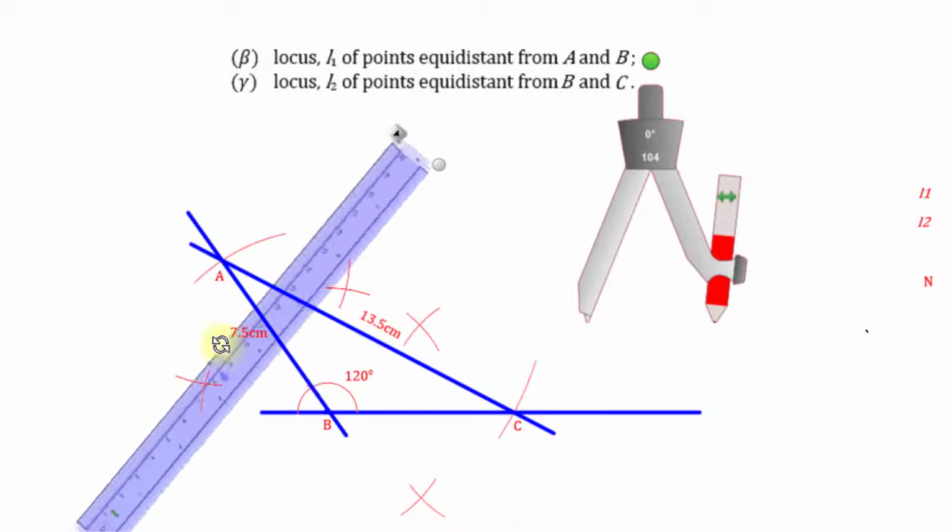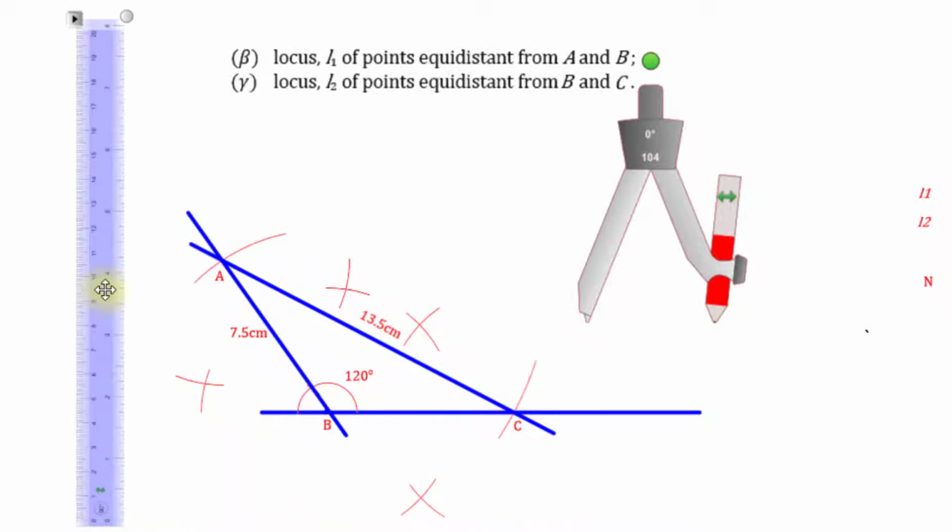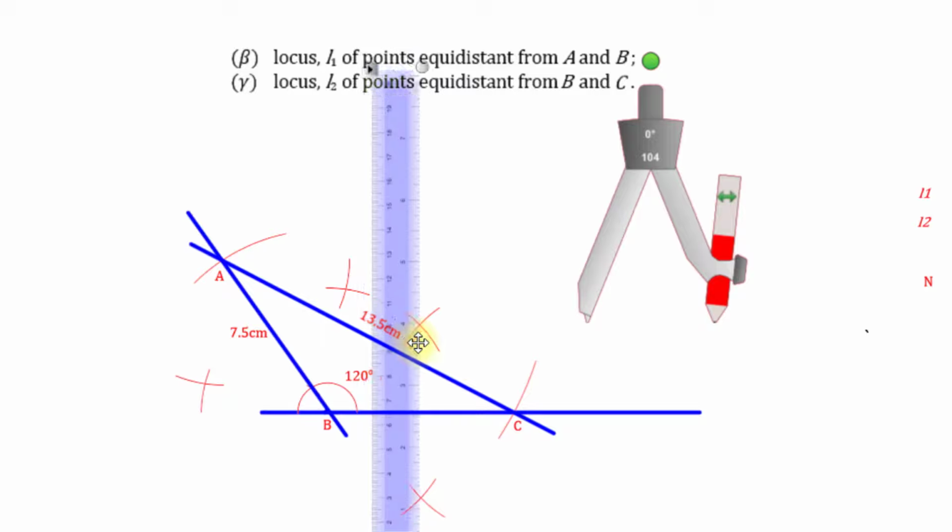Having done that, I just need to bring in my ruler to join these two lines. Okay, so this is going to be my line L1 and L2. So I just need to join them with a ruler. So this is line L2. I'm using green for that.